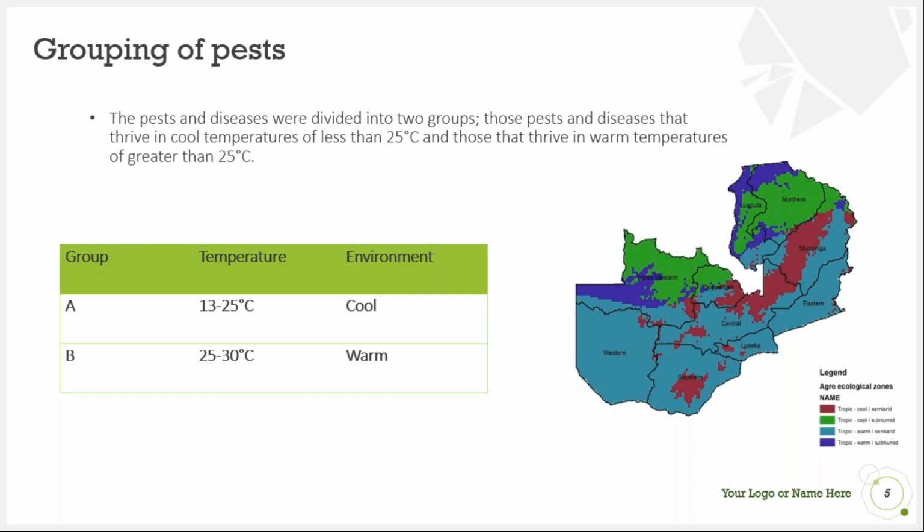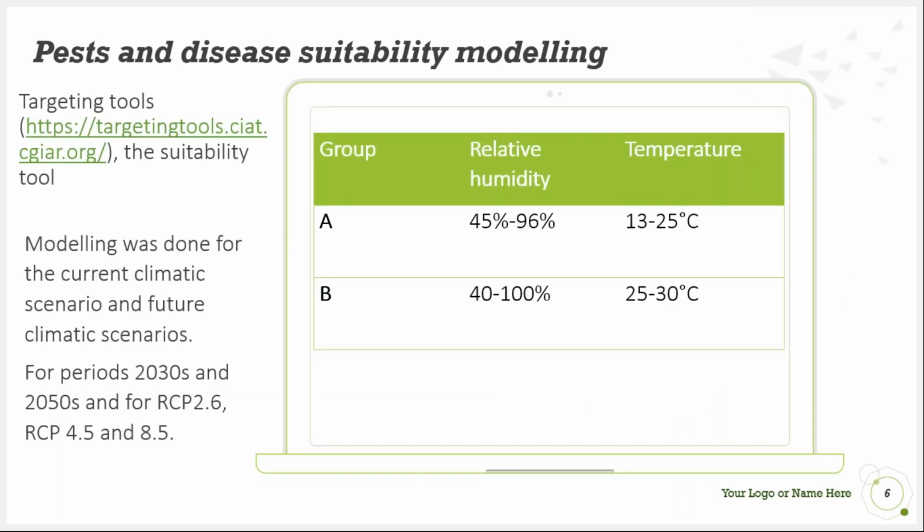So we said group A will be for those which thrive in temperatures lower than 25 degrees, and group B will be for the warm thriving pests. So we got two groups. Then we used the suitability tool, and because we needed to have both temperature and relative humidity, we divided the relative humidity, looking at where all these pests in group A fall.